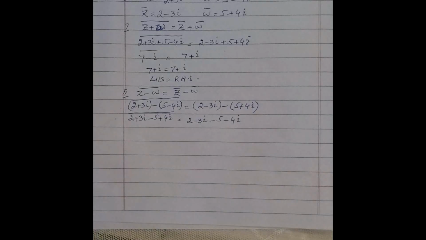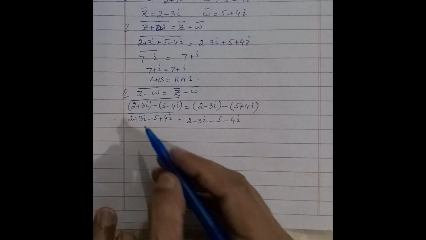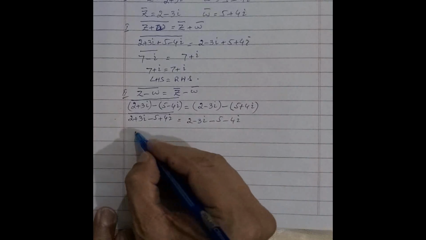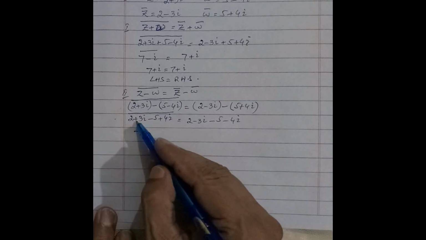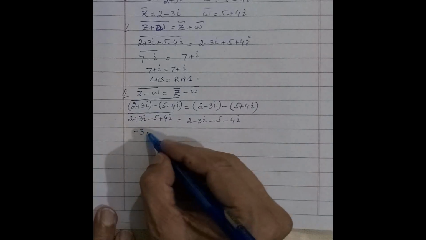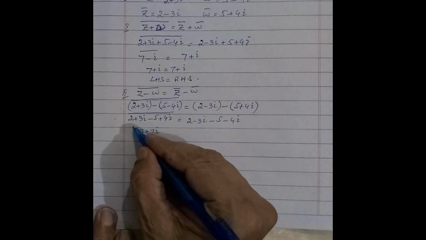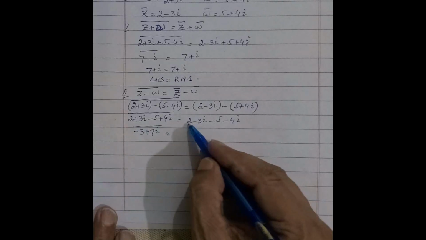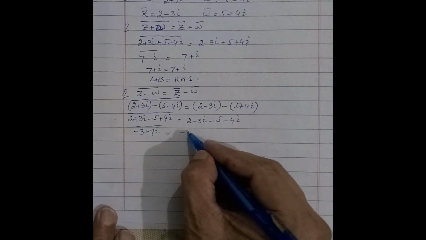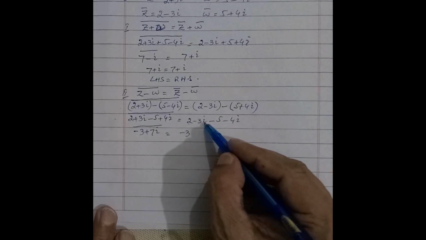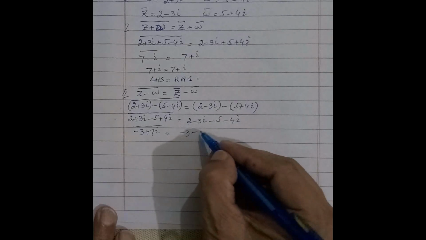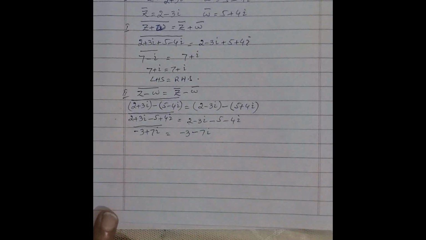Now we simplify these values, we get 2 minus 5. We have 3 iota plus 4 iota, which is plus 7 iota, bar, is equal to 2 minus 5, we get minus 3, minus 3 iota minus 4 iota, which is minus 7 iota.